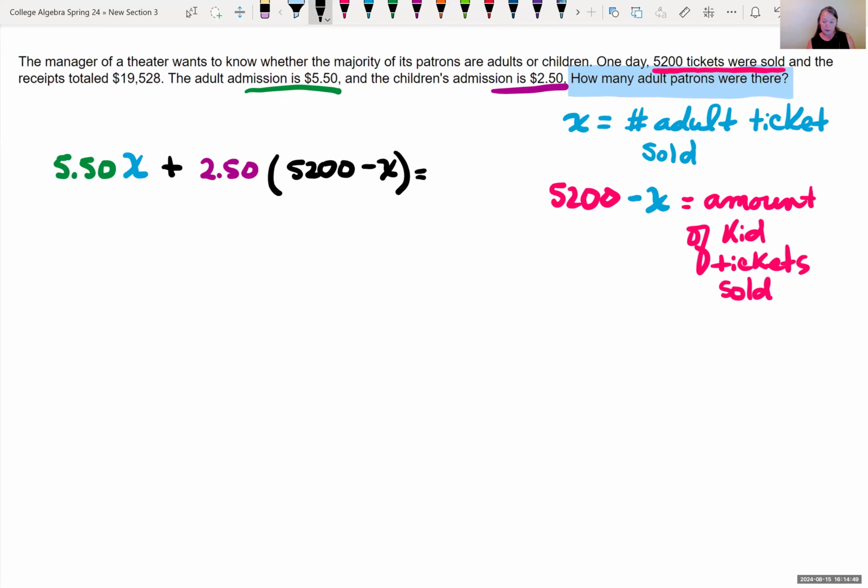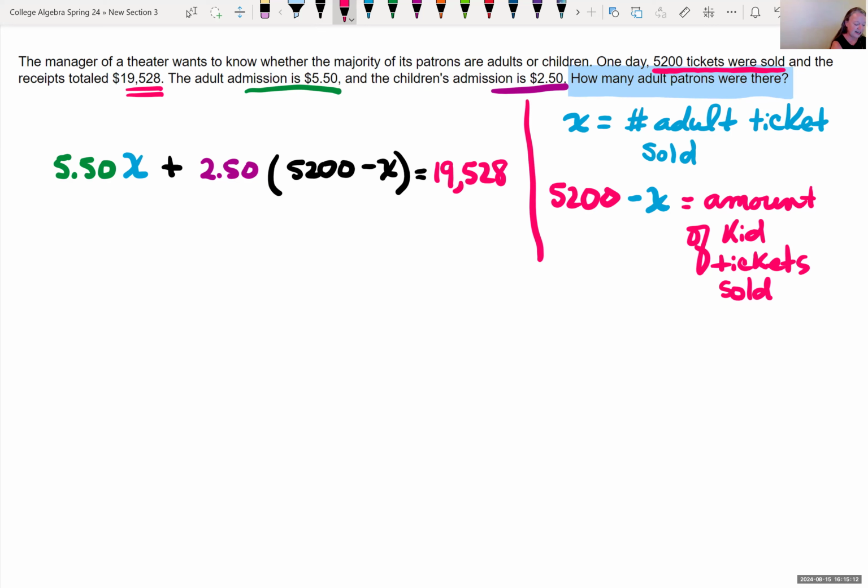So summing up the amount we made on children and adults, we know that we made $19,528. So we've set up the problem and now we need to go through and solve it.